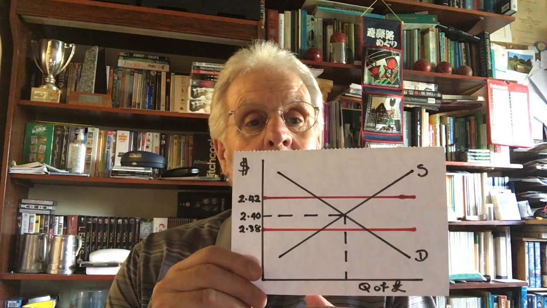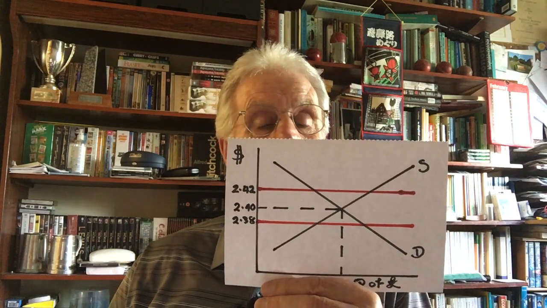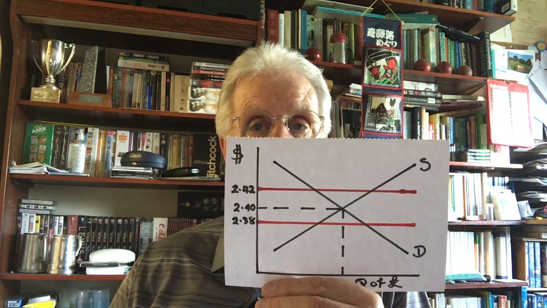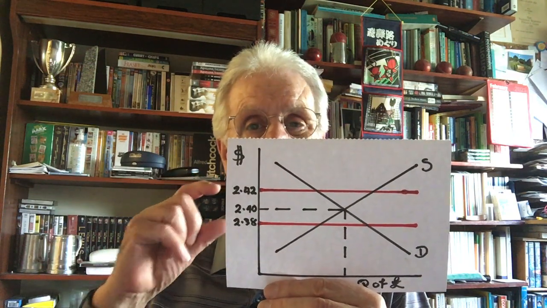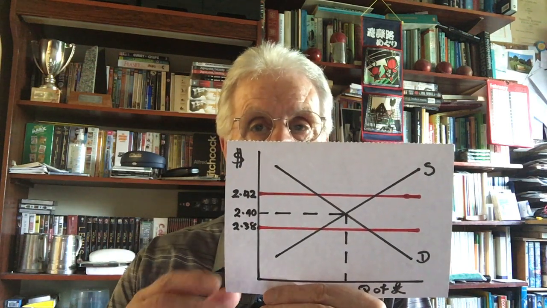But let me again illustrate just by reminding you of that diagram there. That's the situation where the government is trying to maintain, in this case, 240. And it's not letting you go outside this band of 238 and 242.